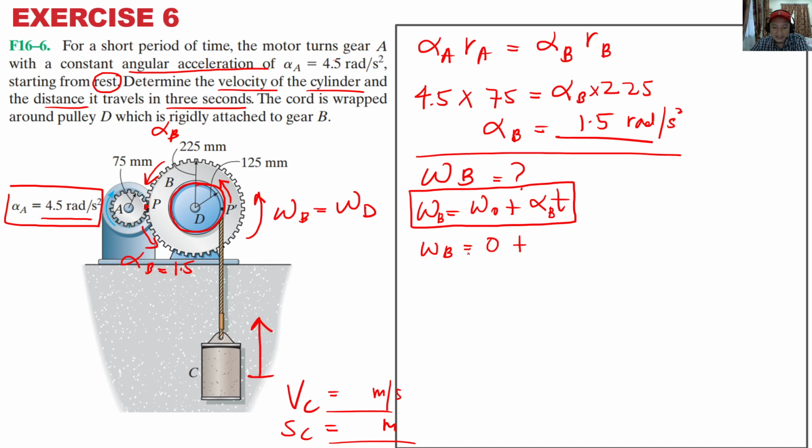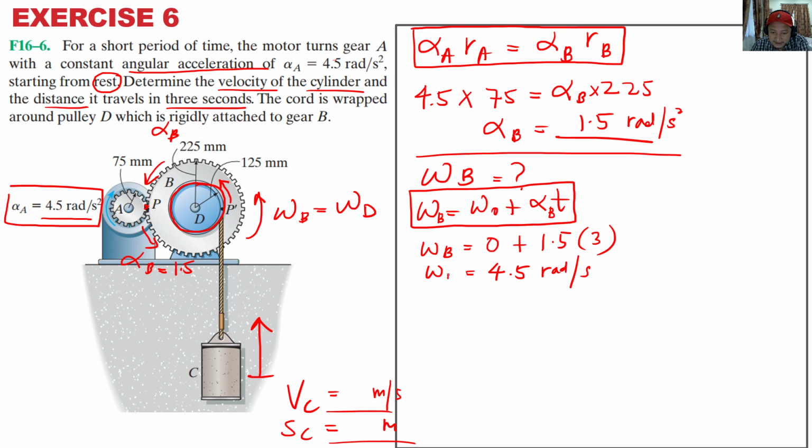So omega B, alpha B is 1.5. How do you know this? You use this relationship. Done. Time. After 3 seconds, omega B becomes 4.5 radian per second. This is after 3 seconds.